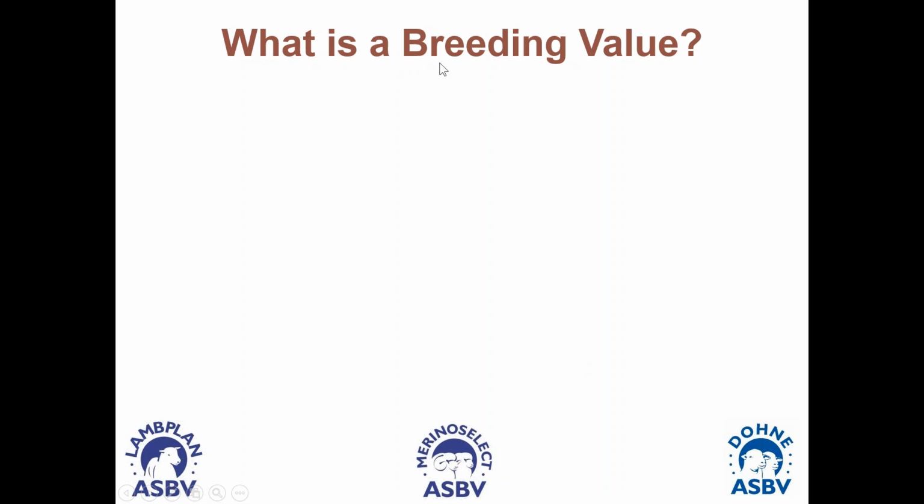Whether you're using ASBVs or EBVs, if you're buying bulls, they're all talking about breeding values. And that's a very suitable word, because they tell you what the breeding value of that particular ram is, not about its performance so much, but about what performance its progeny will have.